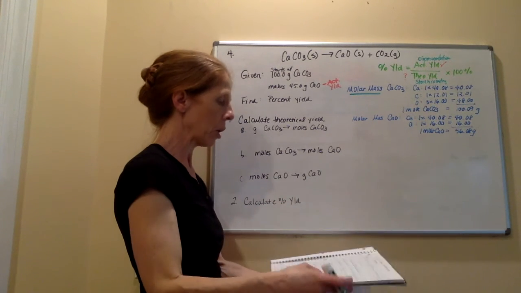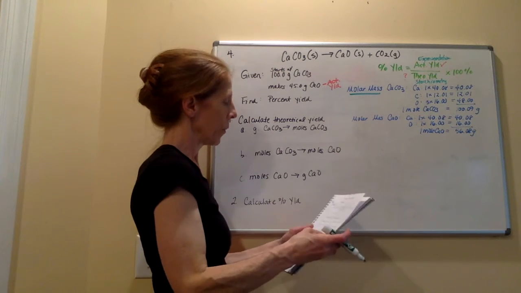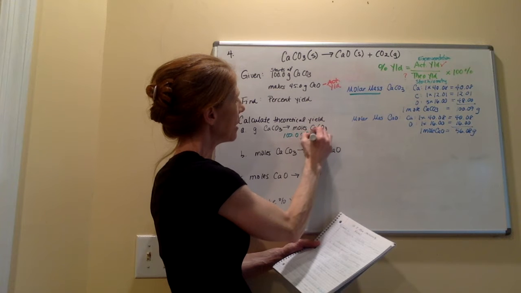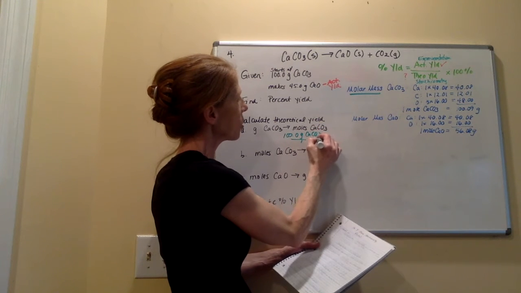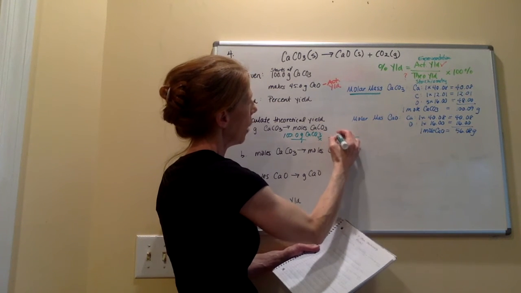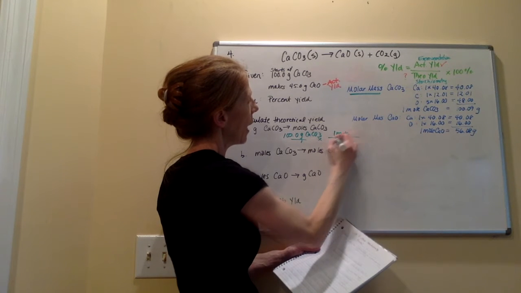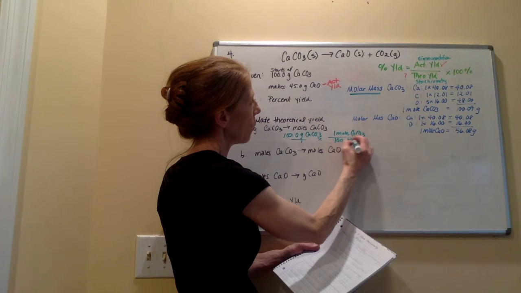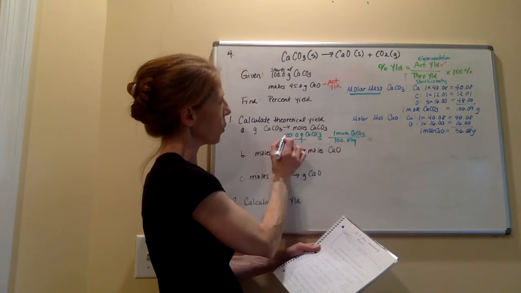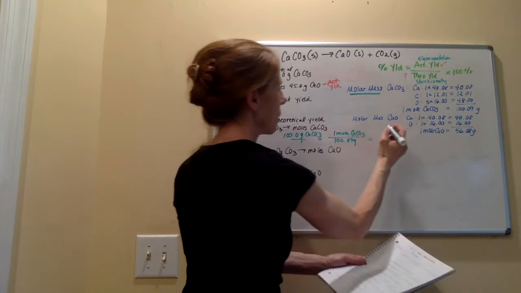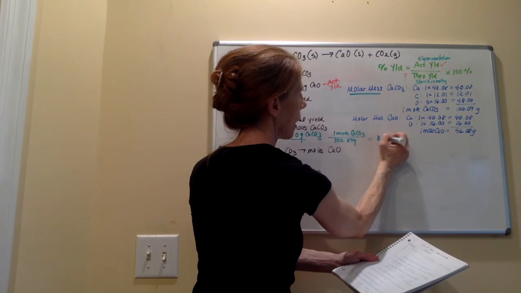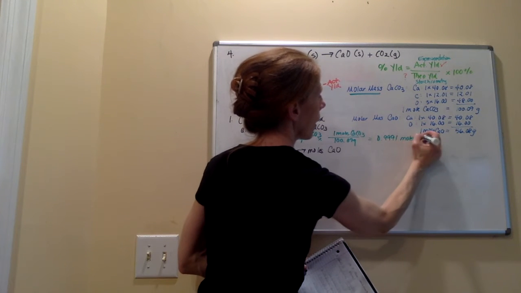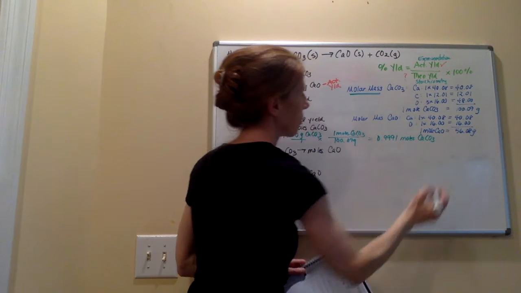So now we take 100.0 grams of CaCO3, the amount we started with. For every 1 mole of calcium carbonate, I have 100.09 grams. When I do that math, I've got 4 sig figs. My final answer is 0.9991 moles of CaCO3, calcium carbonate.